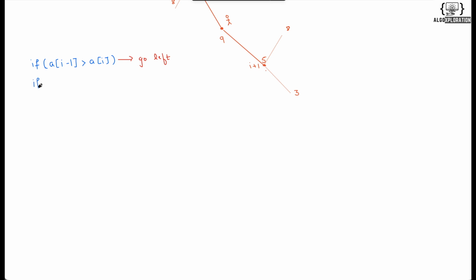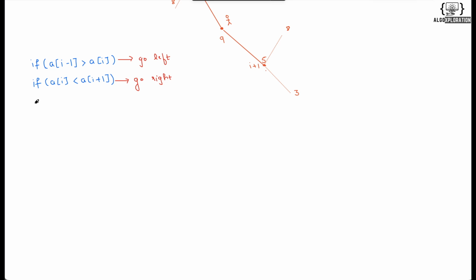If a of i is lesser than a of i plus 1, that means the value present on the right is greater, so go right hand side. And there is one more condition.